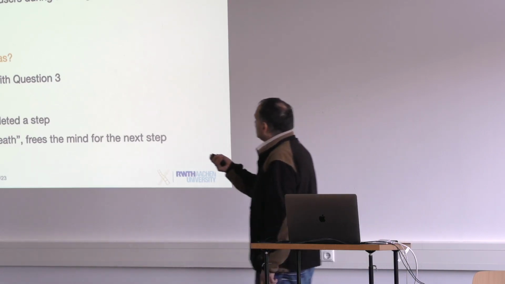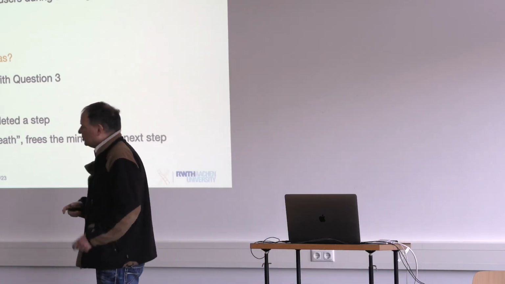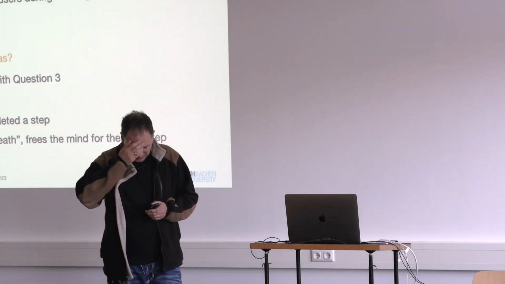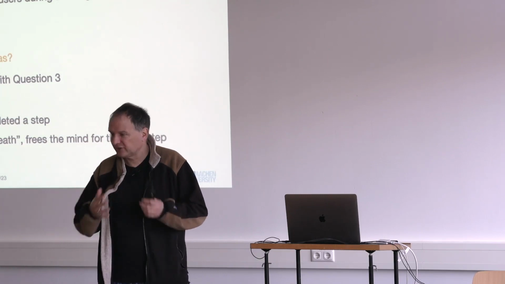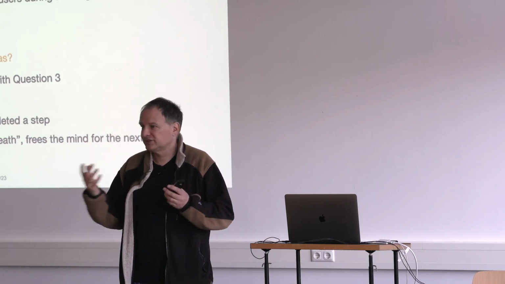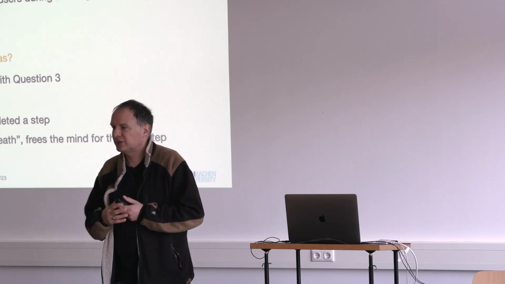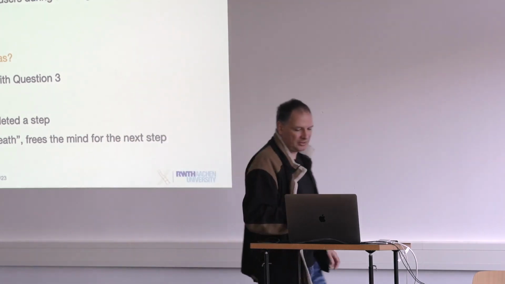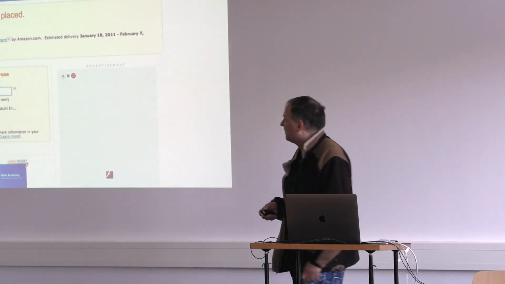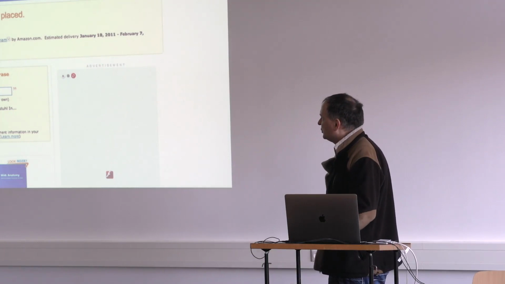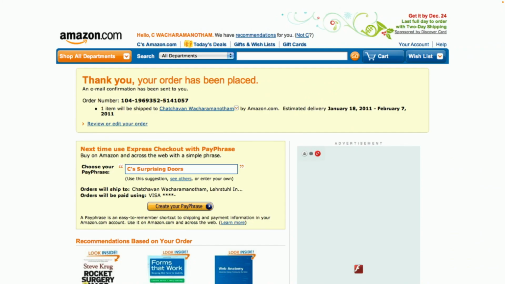The other part, closed dialogues, refers to something that could be a little difficult to understand, but what it means is when you have a dialogue sequence where you're doing something, let's say you're ordering something, you want to know exactly when you're done, when you've completed that step, right? You want clear feedback that you've wrapped this up. So here's an example of, at the end of a lengthy process of ordering something on Amazon, you get, thank you, your order has been placed.